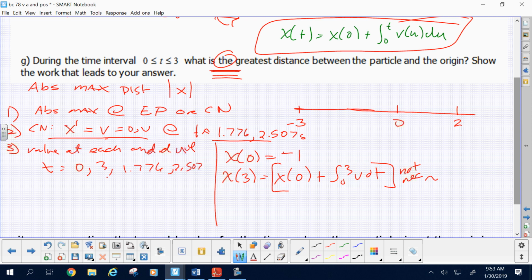So would you tell me what is X at 3 using that idea of the initial -1 plus the change in position, or displacement, gives you ending position?